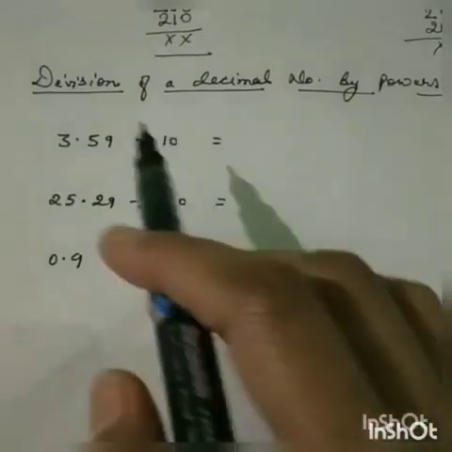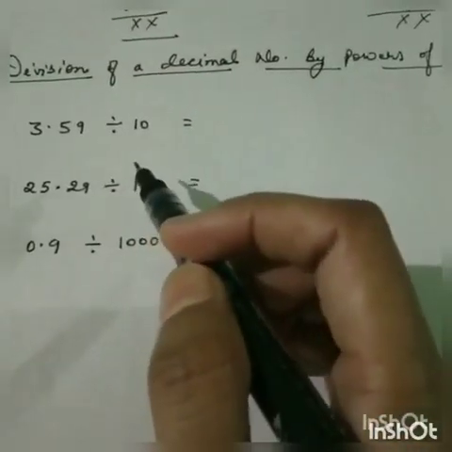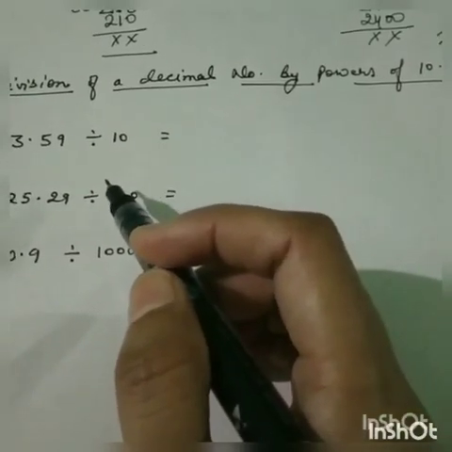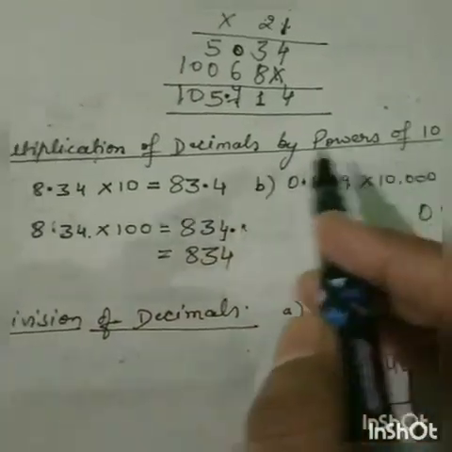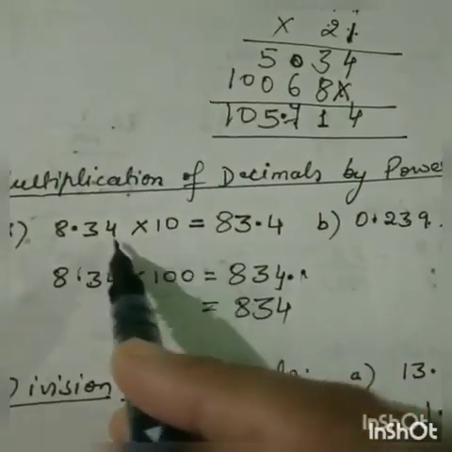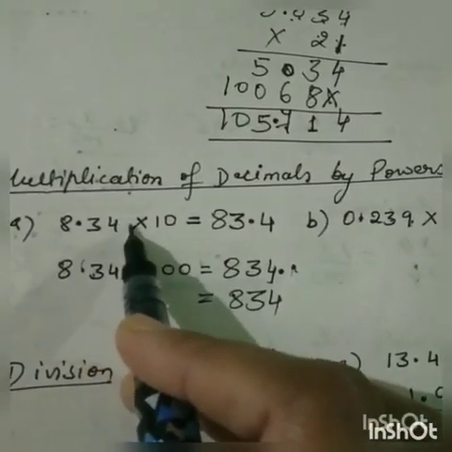Now next is division of a decimal number by powers of 10. Now I have taught you just now how to multiply a decimal number by powers of 10. So we have multiplied it by 10, so we have shifted this decimal right side.